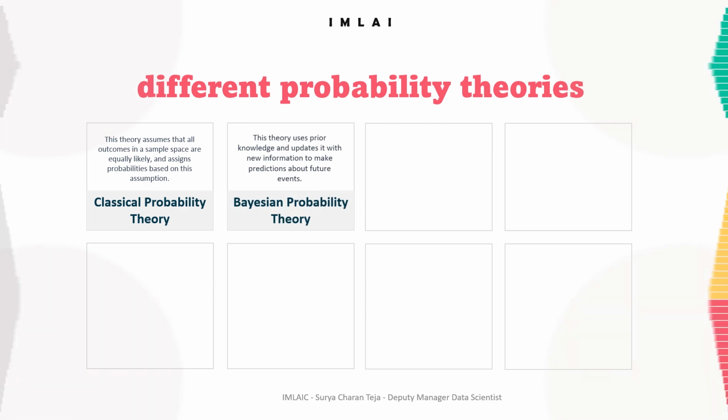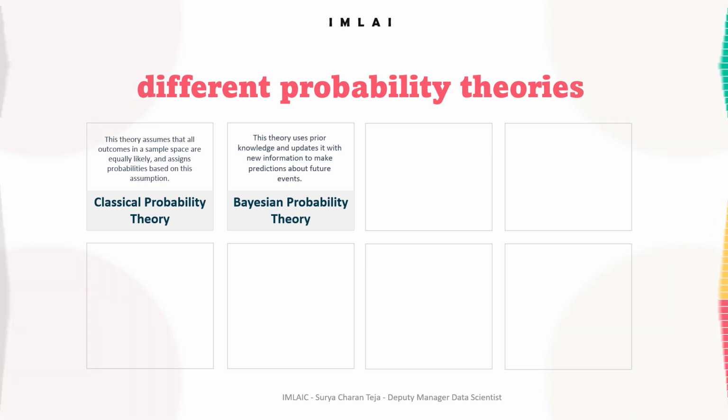Then we have Bayesian probability theory. This is predicting the outcome of an election based on past voting patterns and demographic data, and updating the prediction as new polls are conducted or election results are announced.